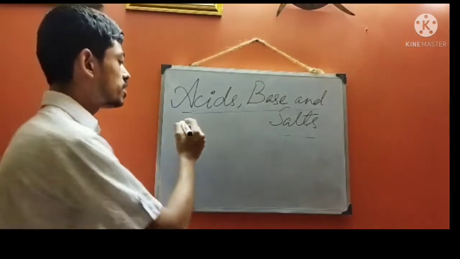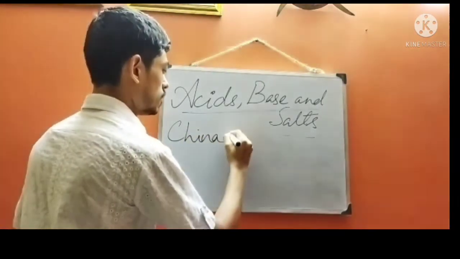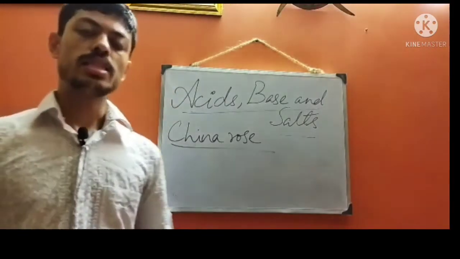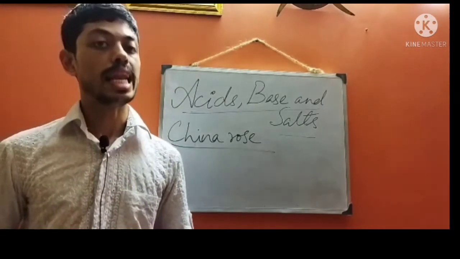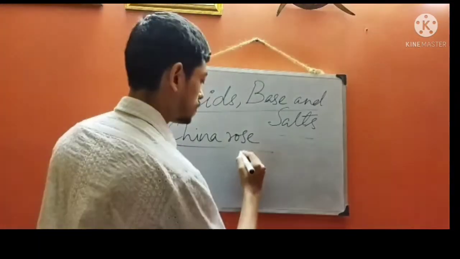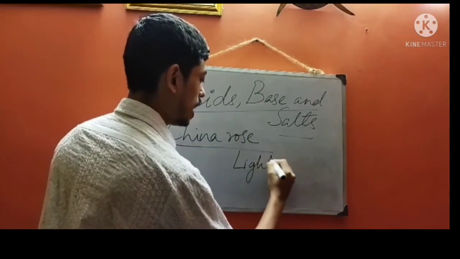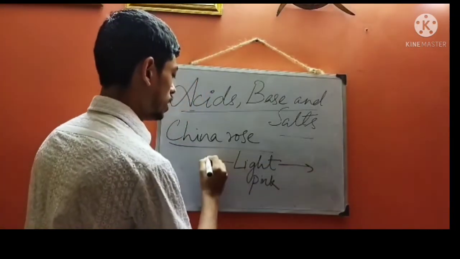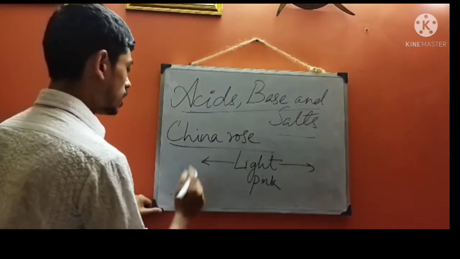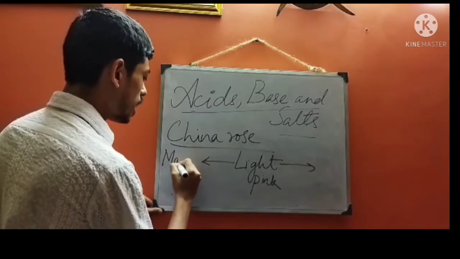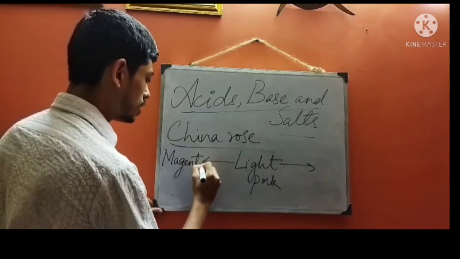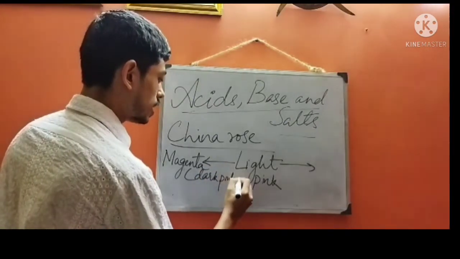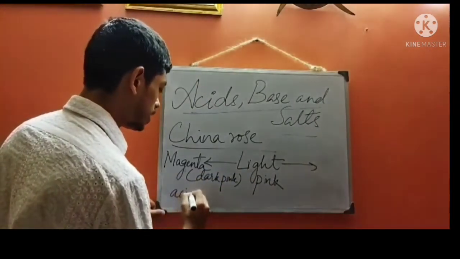Now coming to the China Rose. The China Rose solution is light pink in color. If it gives a magenta or dark pink color, that means it contains an acid or an acidic substance.